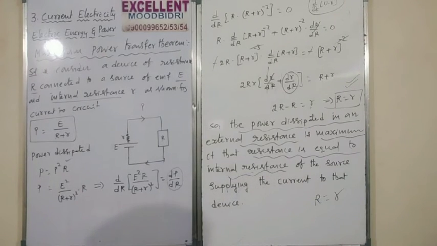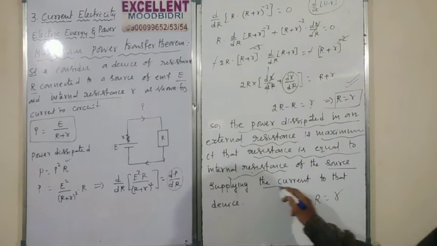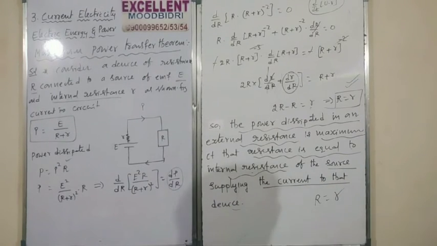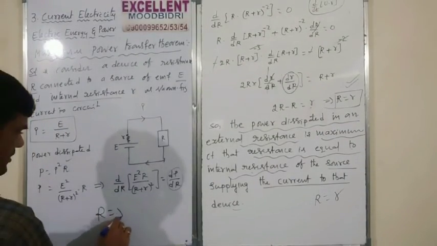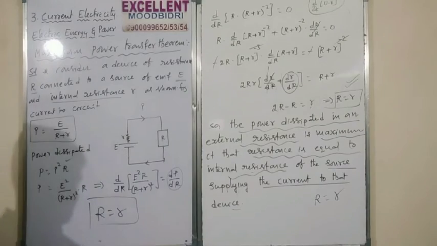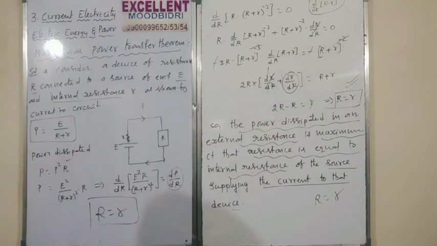In that case we will get maximum power dissipated in an external resistance. Maximum power dissipated we will get of the source supplying the circuit to the device. Alright, this is the maximum energy theorem. That means show that R is equal to small r. That is the question. Maximum energy theorem. Right? Okay.